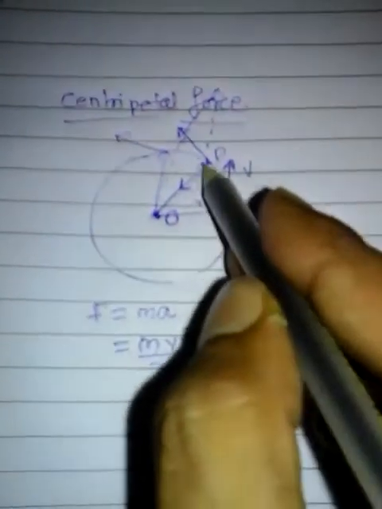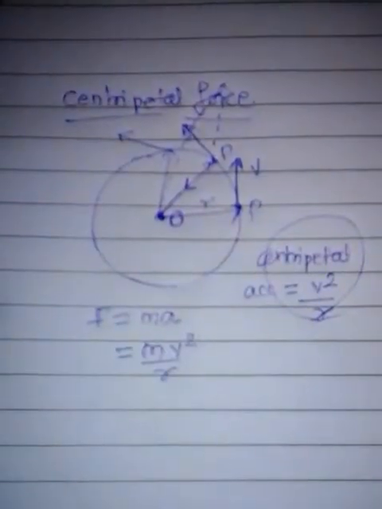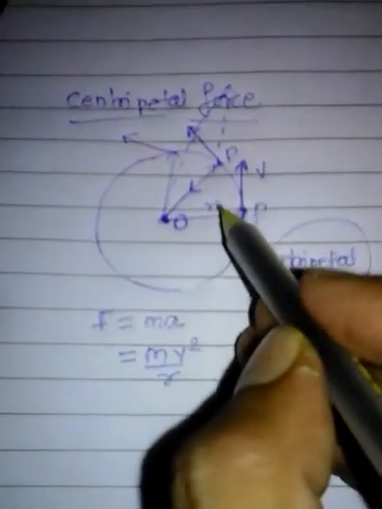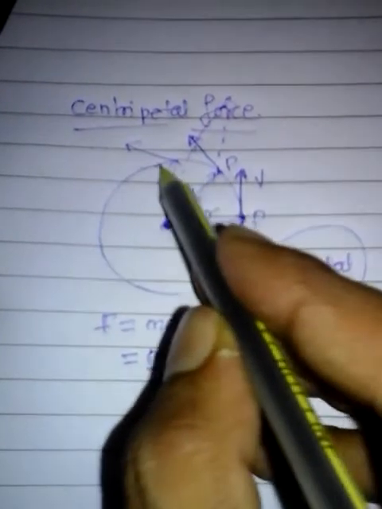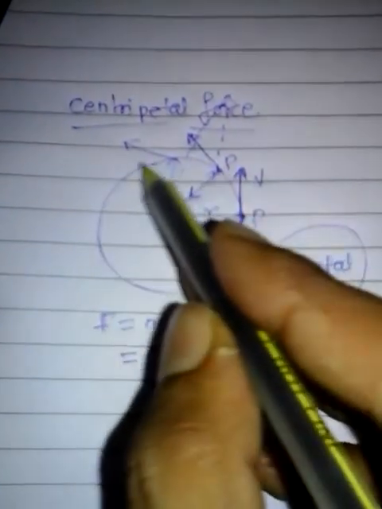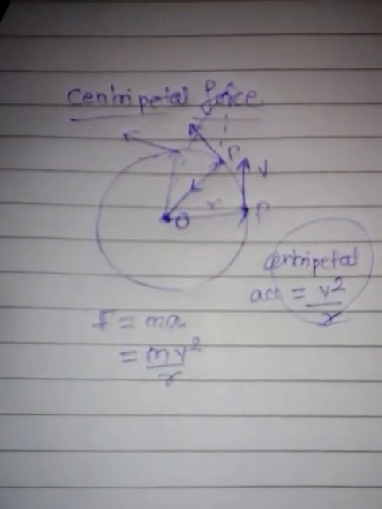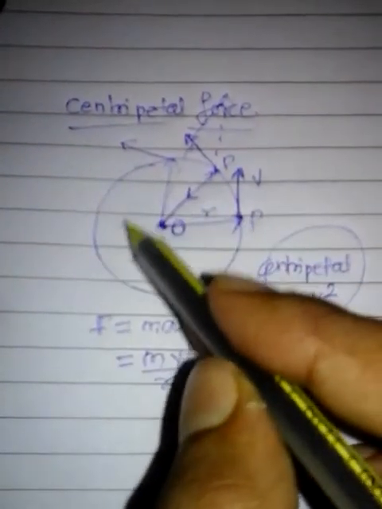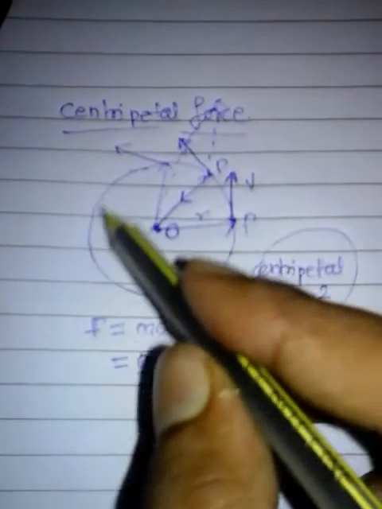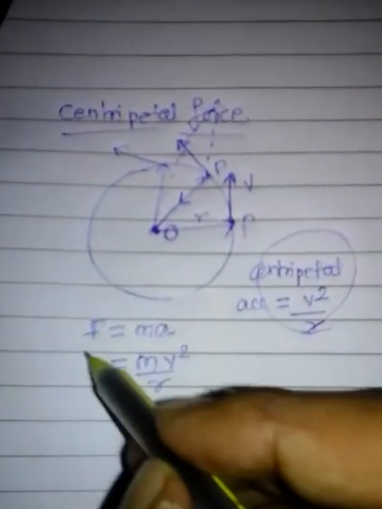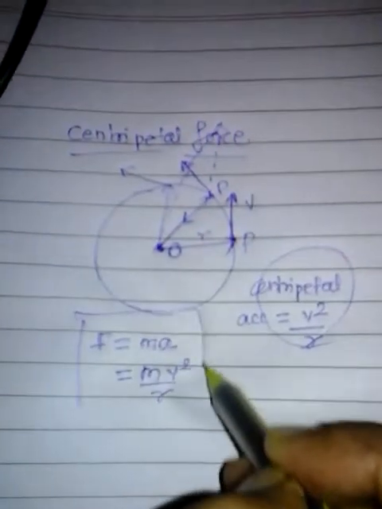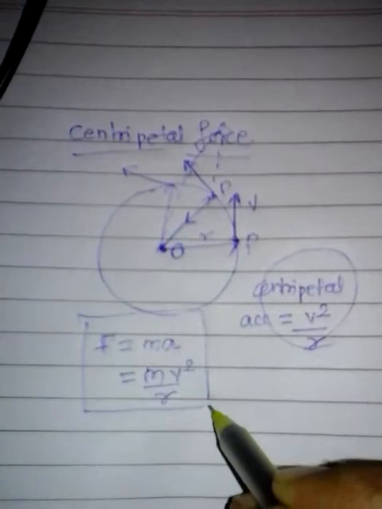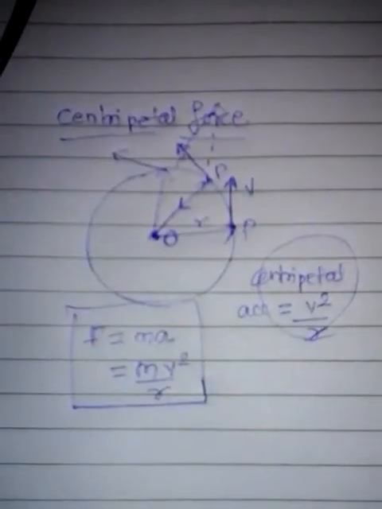This force is known as centripetal force, which is necessary to maintain the circular motion of the particle. If there is no centripetal force, the circular motion is not possible. So it is the necessary force required to maintain the circular motion.